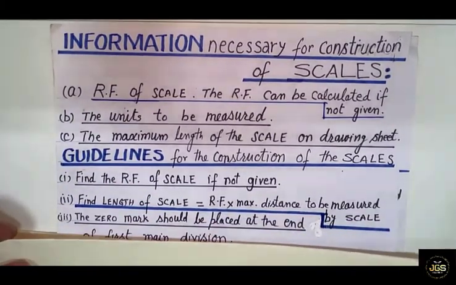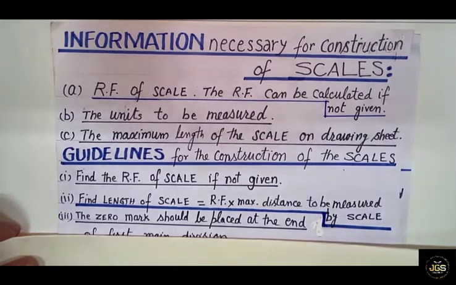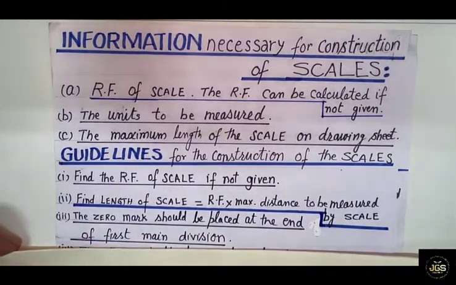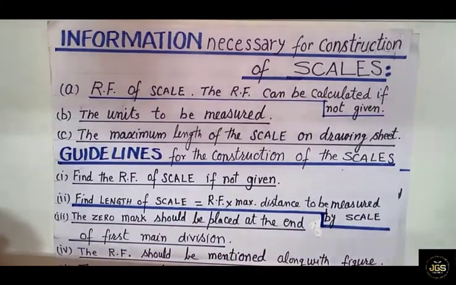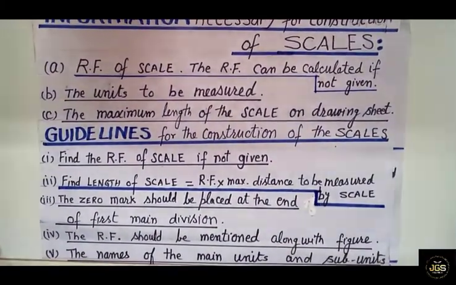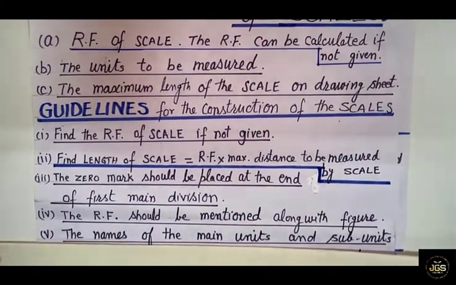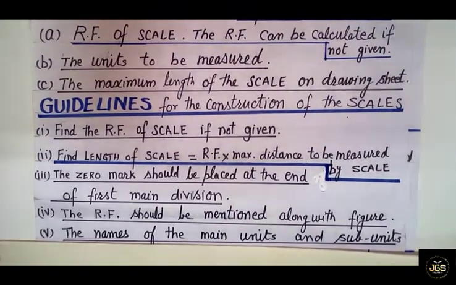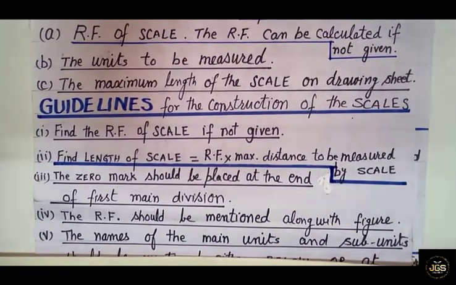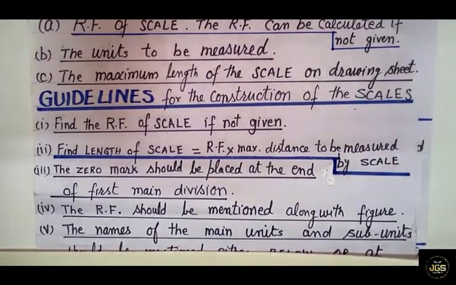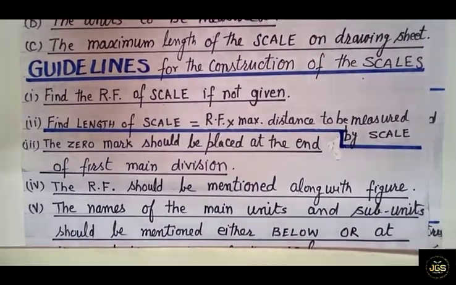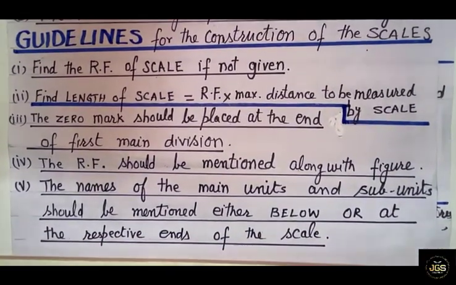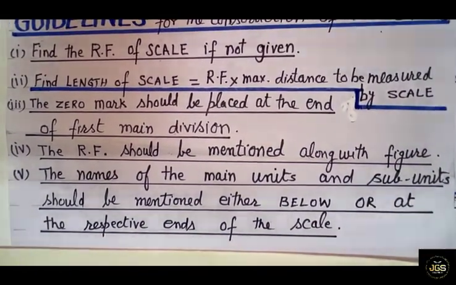Number three, 0 mark should be placed at the end of the first main division. Number four, the RF should be mentioned along the figure. And last point, number five, the names of the main units and subunits should be mentioned either below or at the respective ends of the scale.